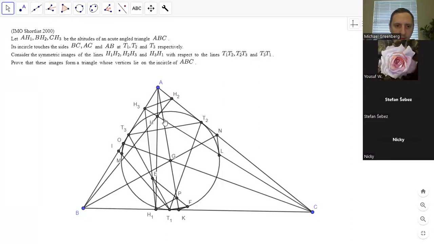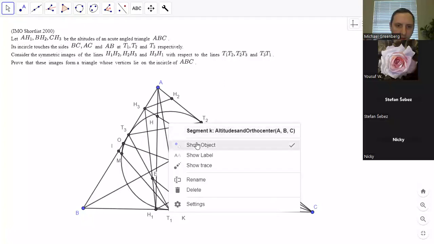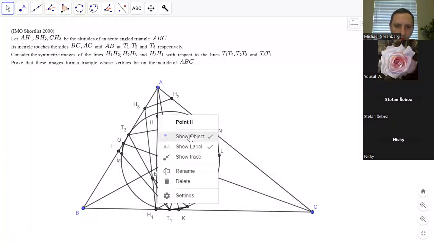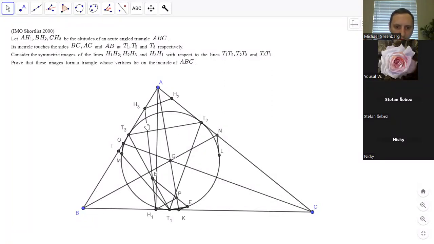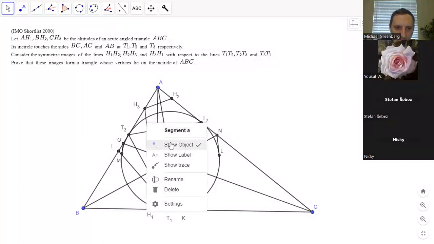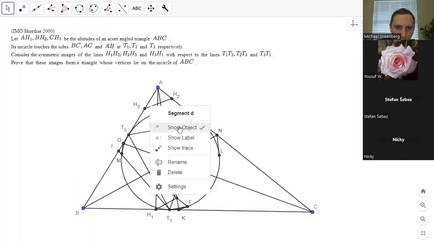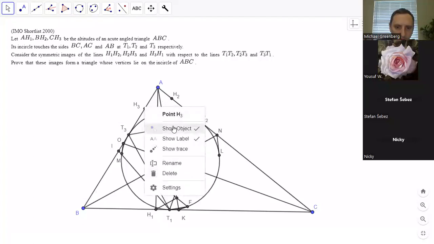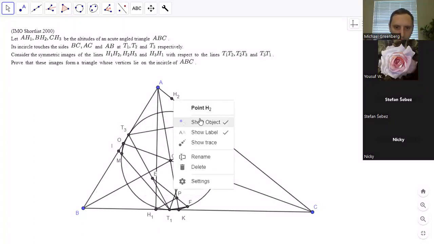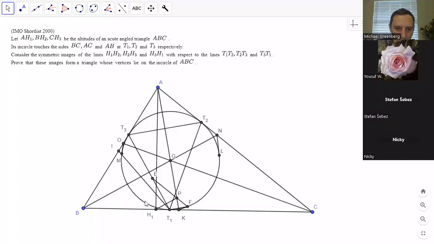There's actually very little that we need. I'm just going to hide a whole bunch of stuff because all we really need is a couple points. Might make it easier. I think we need H3. Yeah, I think so.